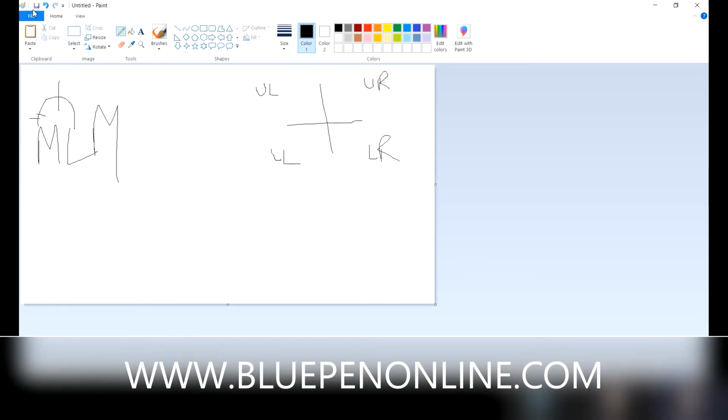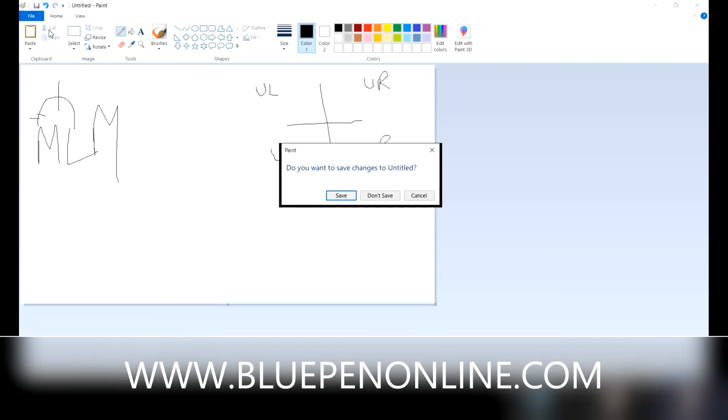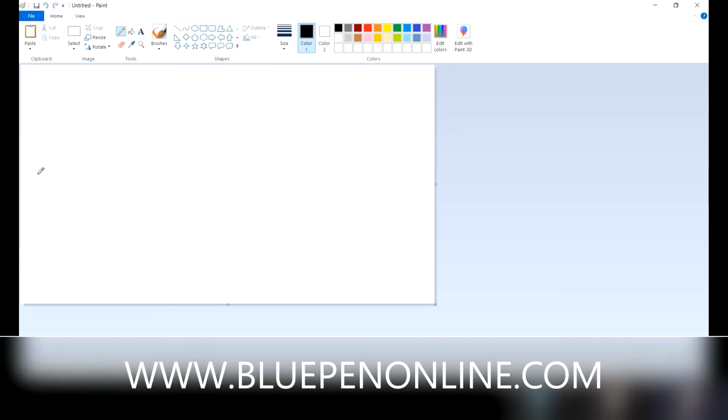Wait, I'll draw a neater picture, then you will understand. In this, you have the midline. Here is the third molar, second molar, first molar, first premolar, second premolar, canine, lateral, and central is here.